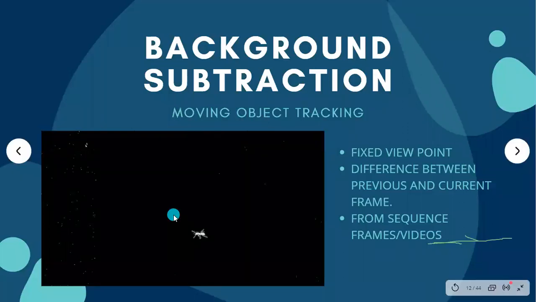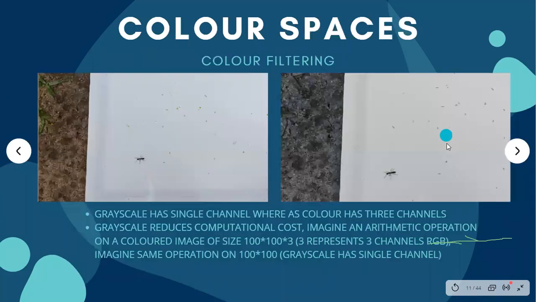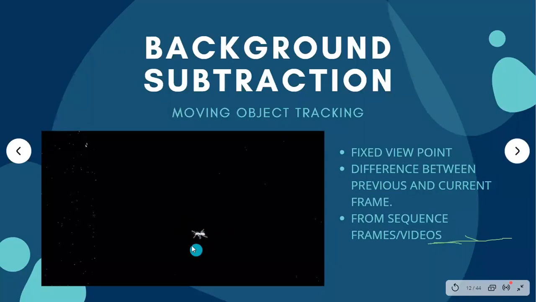Now, if you look at the image on the left side, you can see that after doing background subtraction on the previous grayscale image, this is what I got. You can see the information of the ant or the foreground element has been successfully extracted out. All the information on the background is eliminated, right?